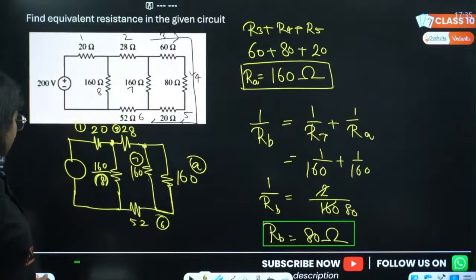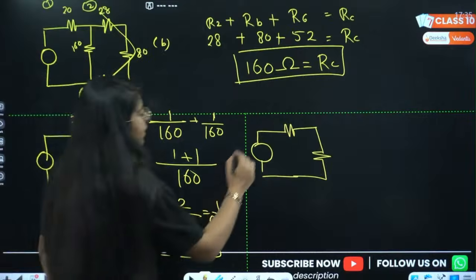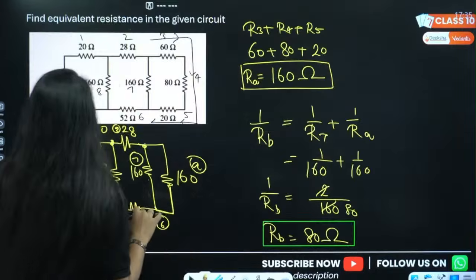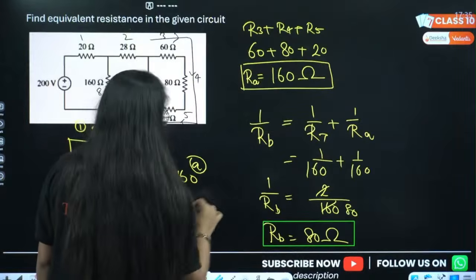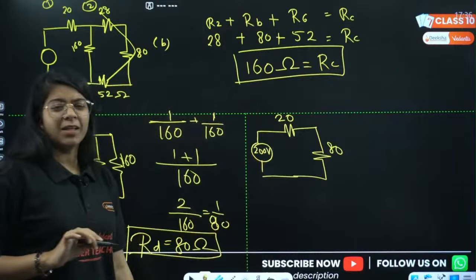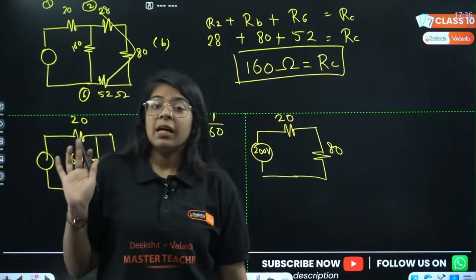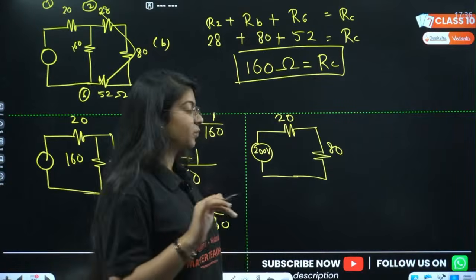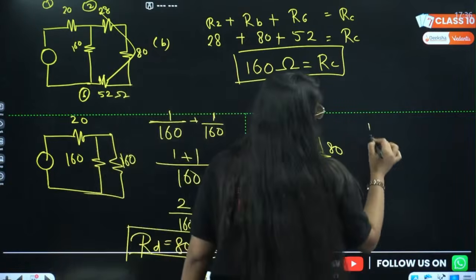Let's go, this is 20 and this is 80, and the voltage given to us was 200 volt. Although the voltage doesn't matter because we just have to find equivalent resistance. Yes, we don't have to find current exactly, right? Let's go. So now it is simple.